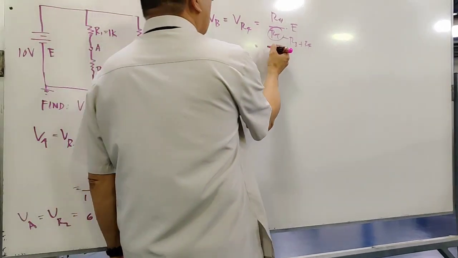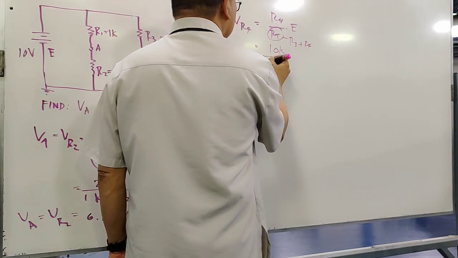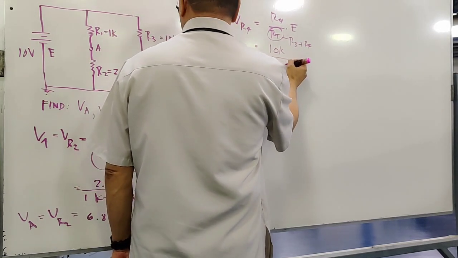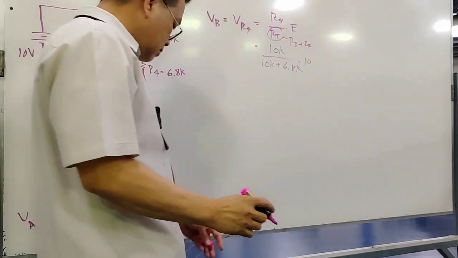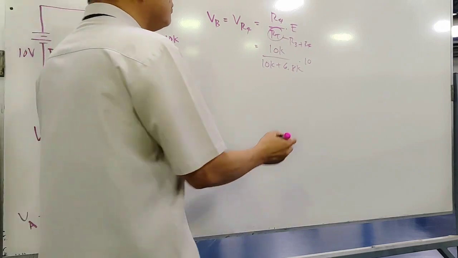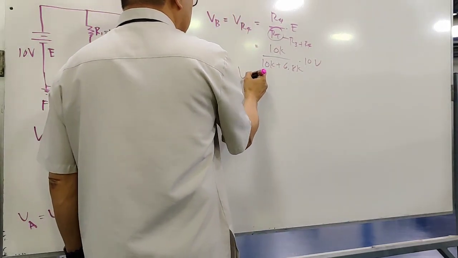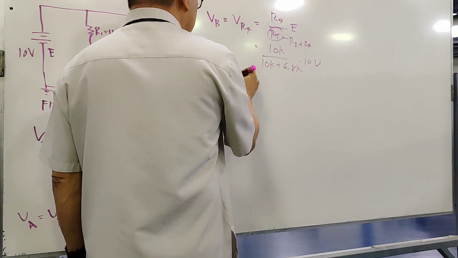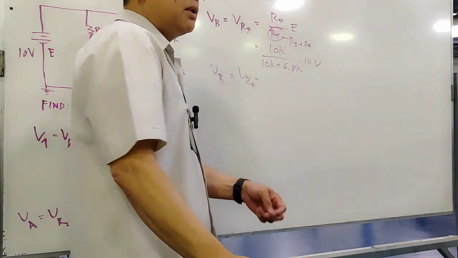So R4, which is 10 kilo, over 10 kilo plus 6.8 kilo, multiplied by 10. Is that correct? So how much is VR4, which is equal to VB?